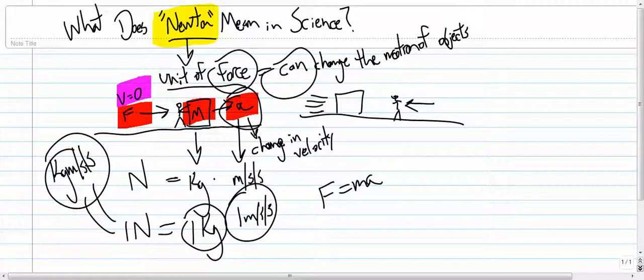So let's get a grasp of what a Newton actually can be, like what can represent a Newton. So something that has a force of about a Newton, like a small apple. If you have a small apple, that is about 1 Newton.